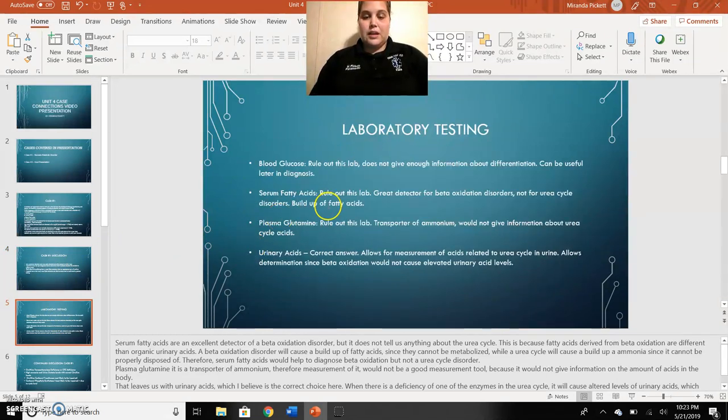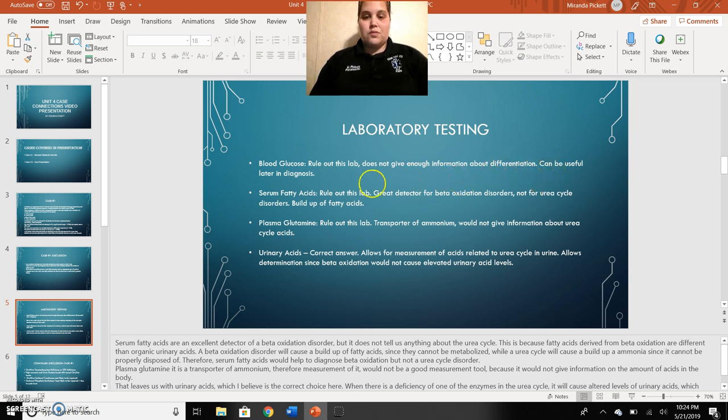Moving on to the laboratory testing, like I said earlier, we have the options of blood glucose levels, serum fatty acid levels, plasma glutamine levels, and urinary acids. Starting with blood glucose, I want to rule out this lab because it doesn't give us enough information to differentiate between a urea cycle disorder and a beta oxidation disorder.